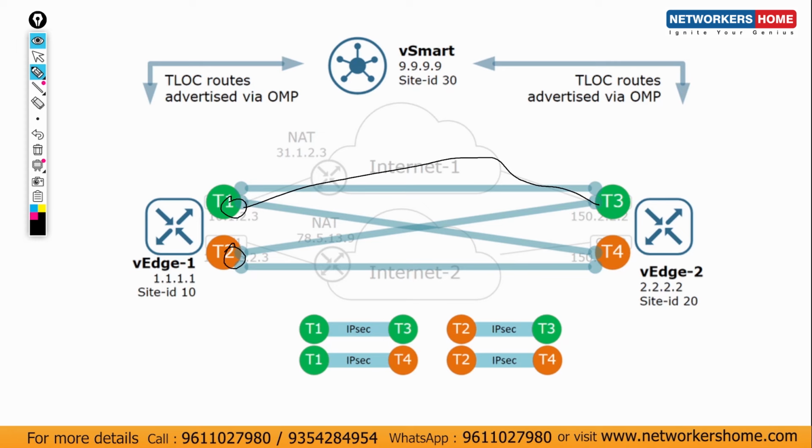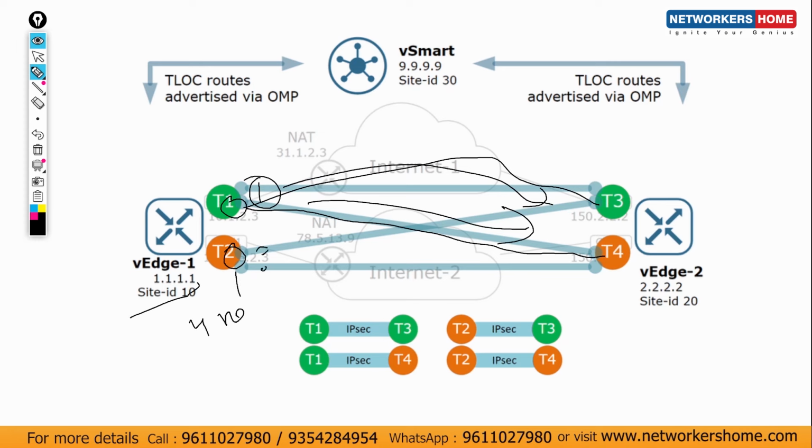This is a single site, right? So this 1 TLOC is going to form 2 neighborships. Similarly this is going to form 2 neighborships. So in total on VH1 you will have 4 neighborships, or if you want to call them IPsec or GRE tunnels, 4 overlays are going to be created over this.